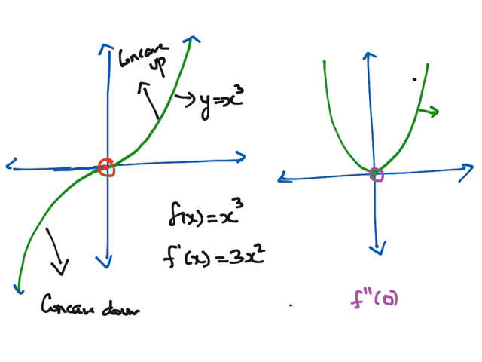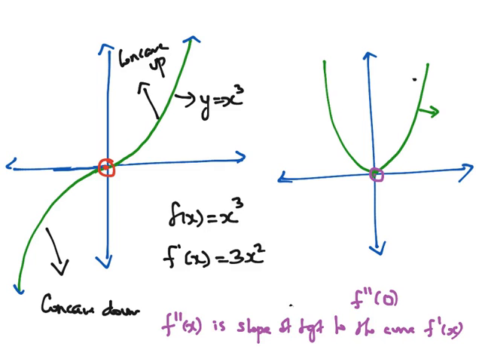Now f double dash of 0, or let's put it this way, f double dash of x is nothing but the slope of tangent to the curve of f dash of x.